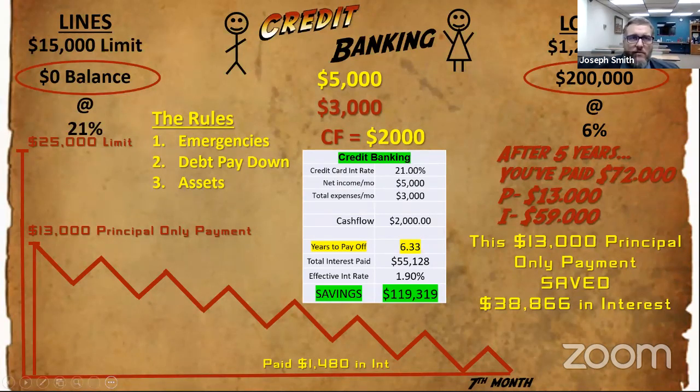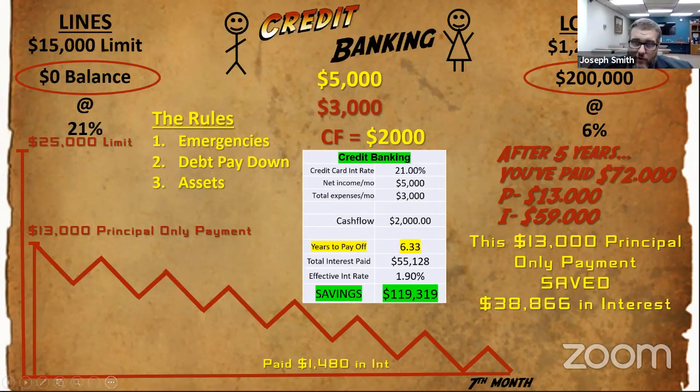And then if we add in some windfalls and we do some other advanced credit banking strategies, what we call the chunking method, you could shave off even more time, maybe pay it off in 9 years or 7 years. I mean, there's so many exciting ways to use credit banking, but look at what you would save.